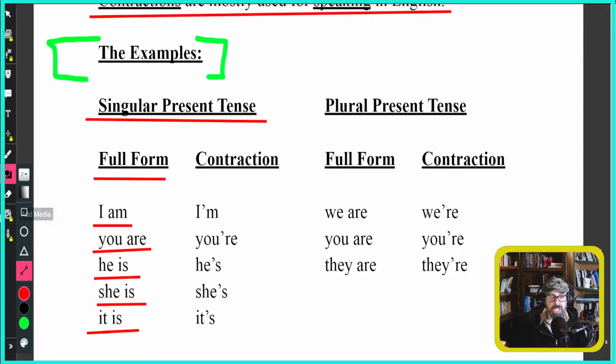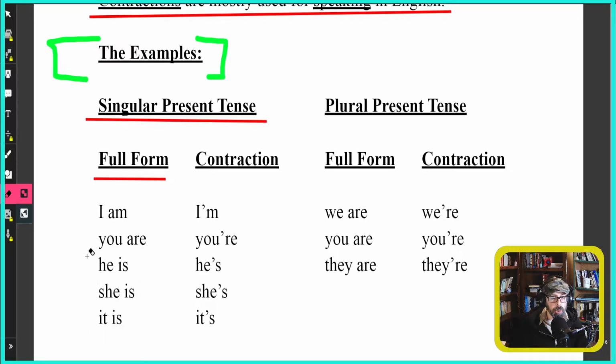Okay, now we see 2 separate parts to full form. Okay, so here we see I. We see you. We see he. We see she. And we see it.